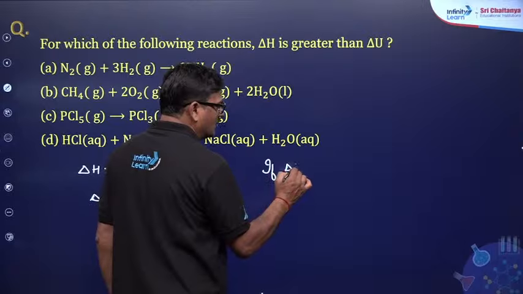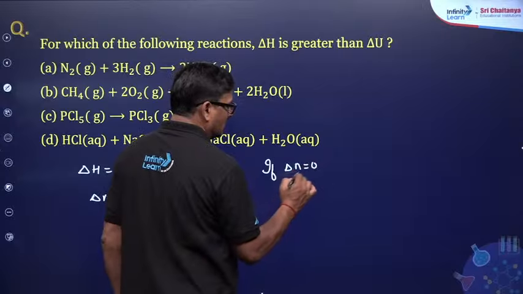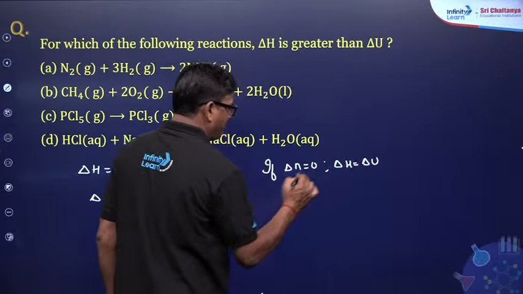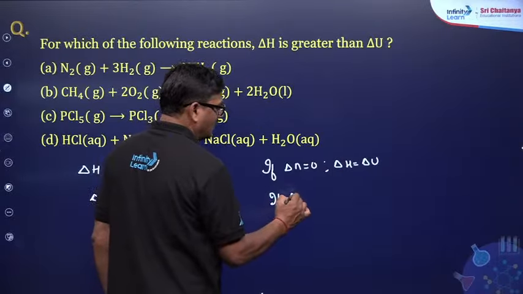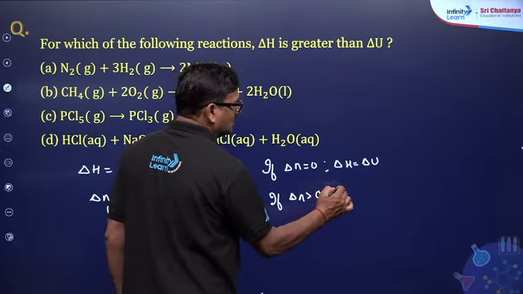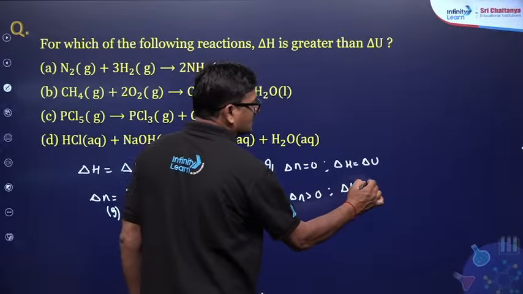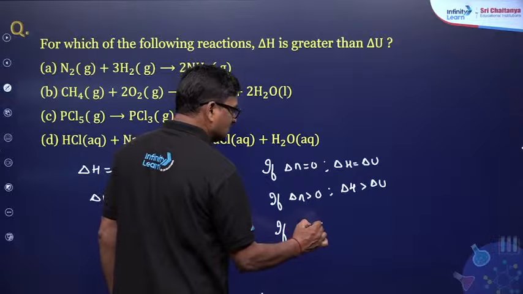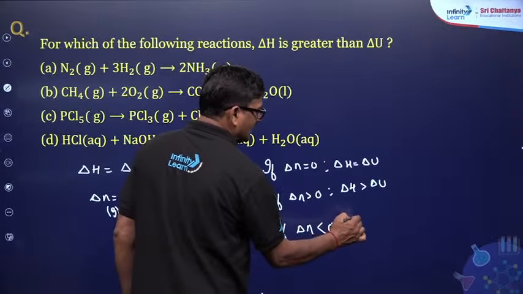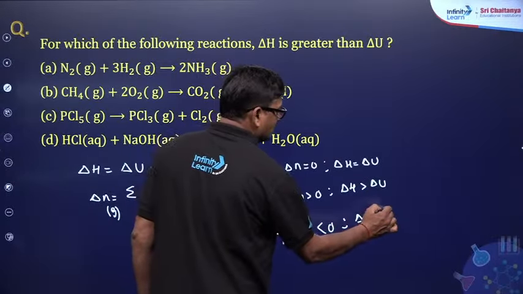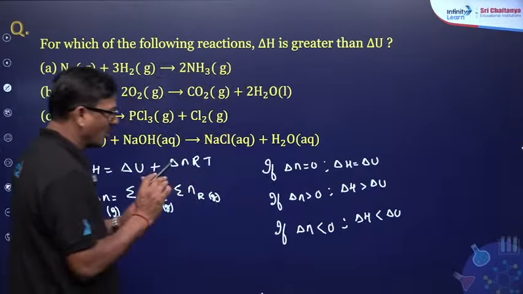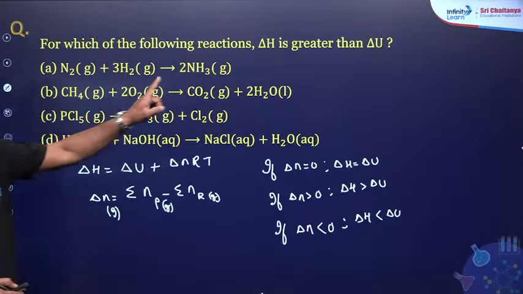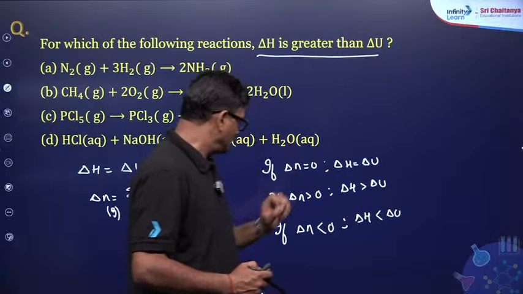If delta n is equal to 0, then delta H is equal to delta U. If delta n is greater than 0, then delta H is greater than delta U. If delta n is less than 0, delta H is less than delta U. Now this is the concept. Based on this concept, you can say for which of the following delta H is greater than delta U.